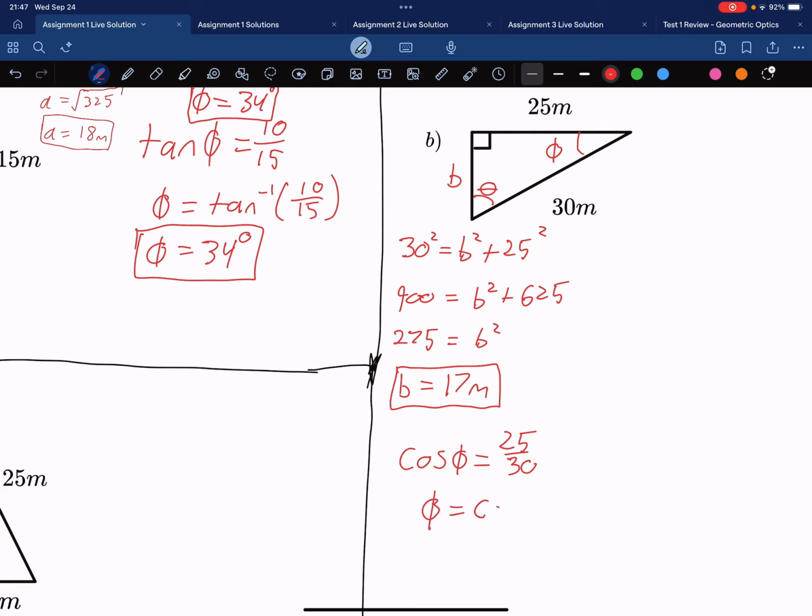Take the inverse cosine of both sides. Still 25 over 30. Can reduce it if you really want to, but I'll leave that up to you. So the inverse cosine of 25 divided by 30 gives us 33.557 and so on. Again, I'm going to round this, say 34 degrees.